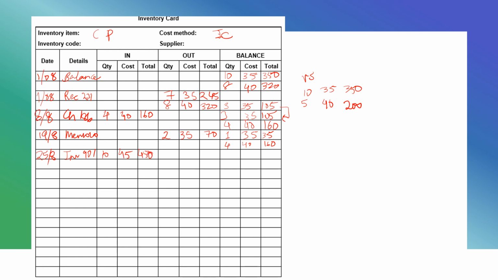So now we're going to have 3 line items. 1, 2, and 3. Okay, now that we have that, let's look at what's next. So 27th, you returned 2 cans of paint, purchased on 25th due to leakage. Credit note 25.